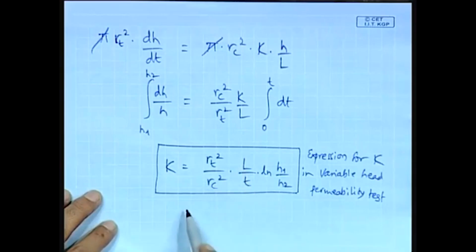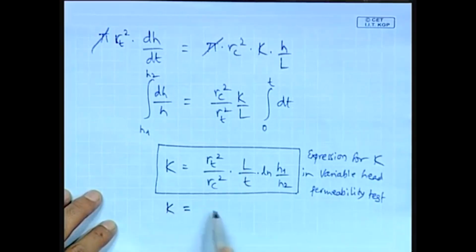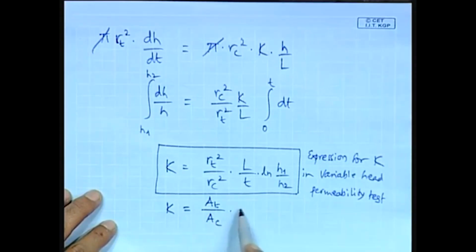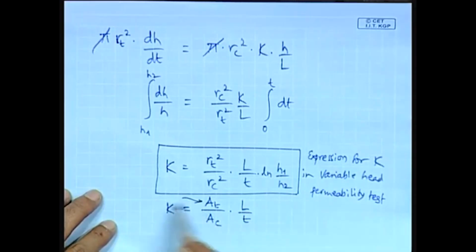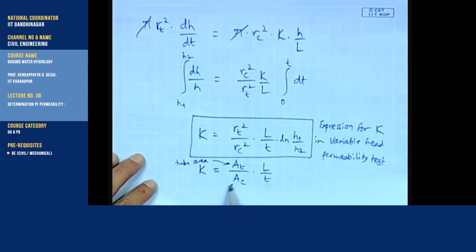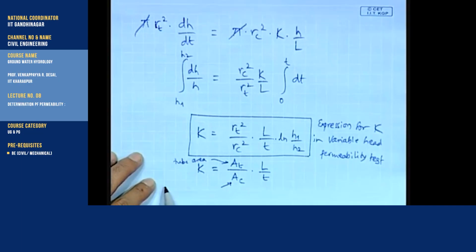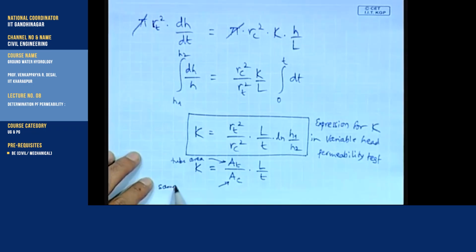Of course, you can also write this K as the area of the tube divided by the area of the column into L by T, into natural log of H1 by H2. Here AT is the tube area and AC is the sample column area.